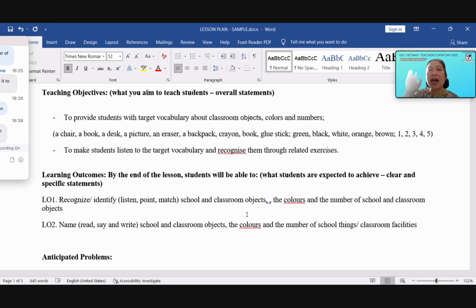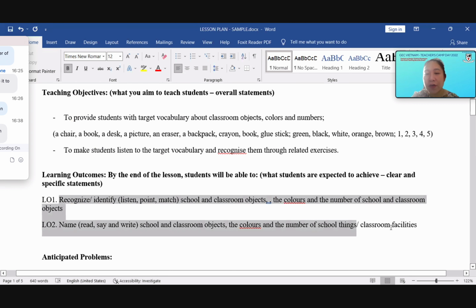What you teach are the aims, the objectives. What you arrange to teach them, what you assign to them are the teaching activities. But what they get from your teaching, what they get from the activities you assign to them are the outcomes. So the outcome should be very, very specific.